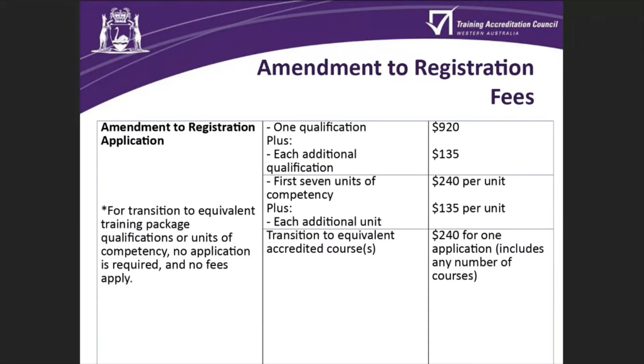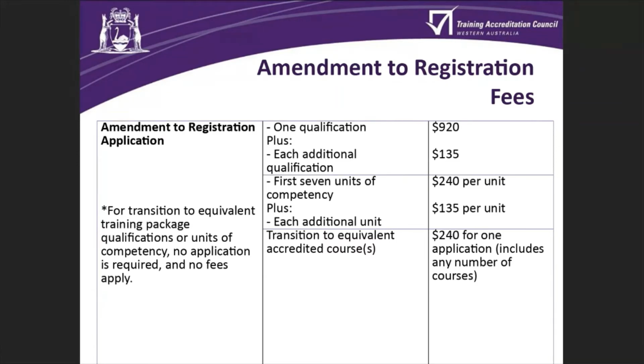So you can see that from that we are talking about a set of procedures which have been well defined, but have been redefined in terms of your amendment to registration. And much of that information you'll find from the transition and teach out fact sheet and the amendment to registration application guide.